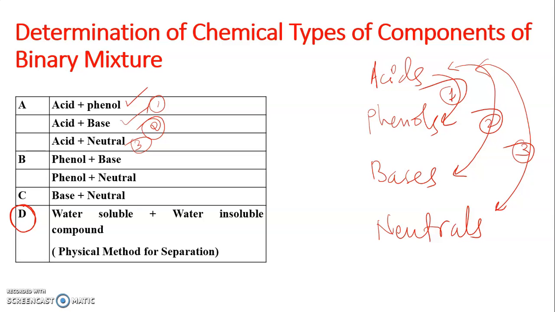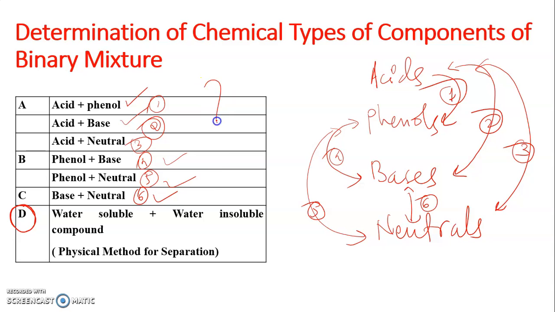So these three. Then starting with phenol, we can mix phenol with a base, we can mix phenol with neutral, and we will have the fourth and fifth types of mixture. The remaining is base, and when we mix it with neutral, we will have the sixth type of mixture.